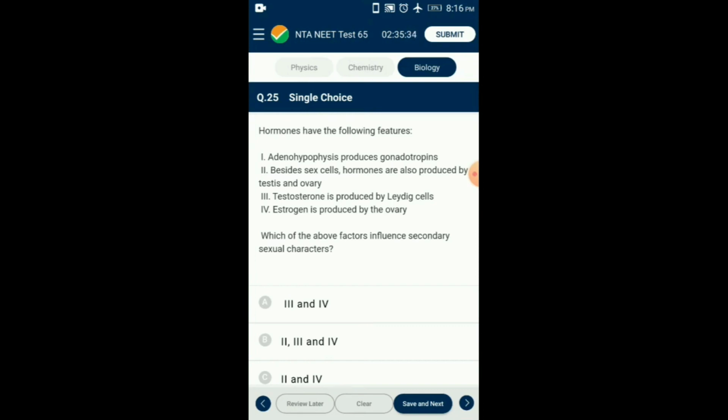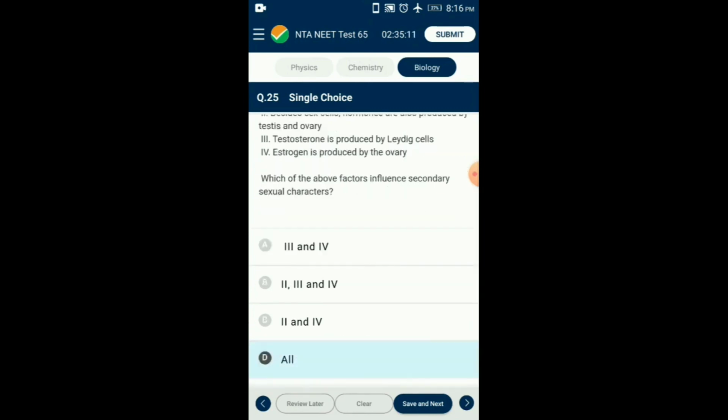In females, progesterone and estrogen are responsible for controlling the menstrual cycle and also for secondary sexual characters during puberty. In males, the testosterone produced by Leydig cells influences spermatogenesis and secondary sexual characters. So the answer for this question is option D from the given 4 statements. And all the 4 factors are influencing secondary sexual characters.